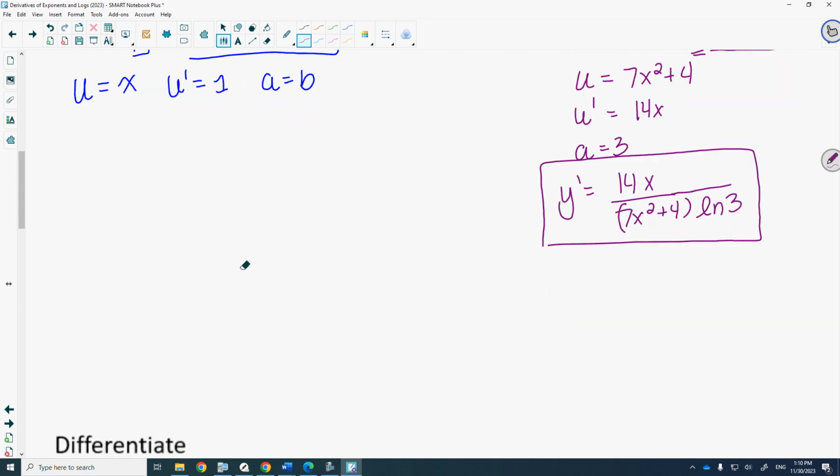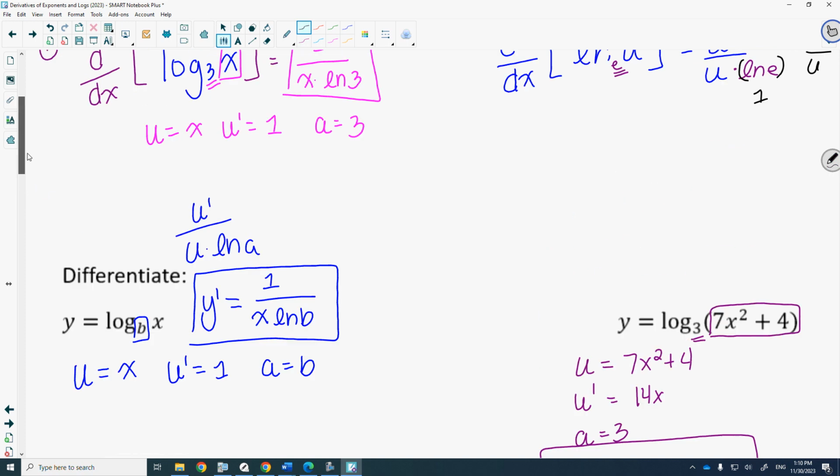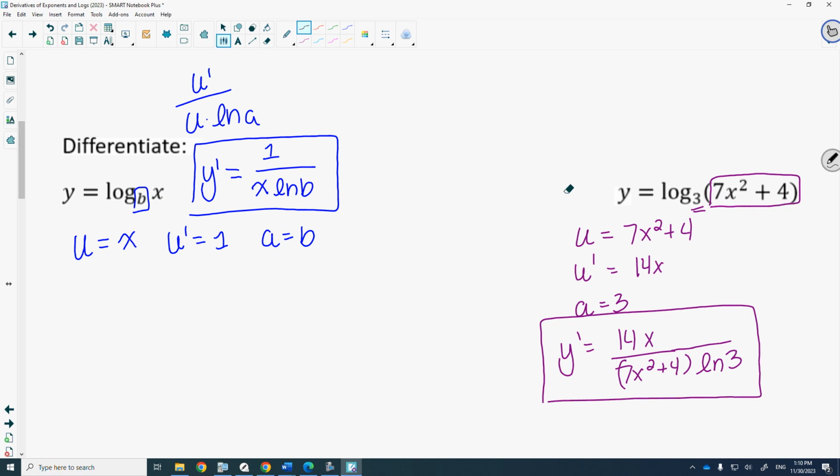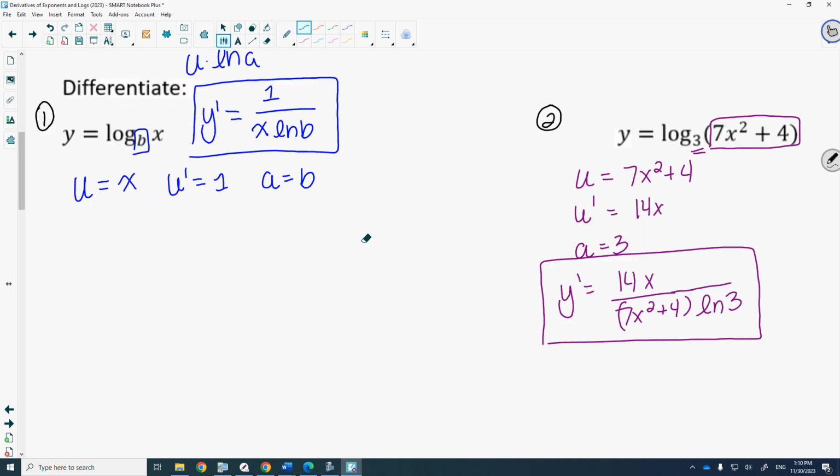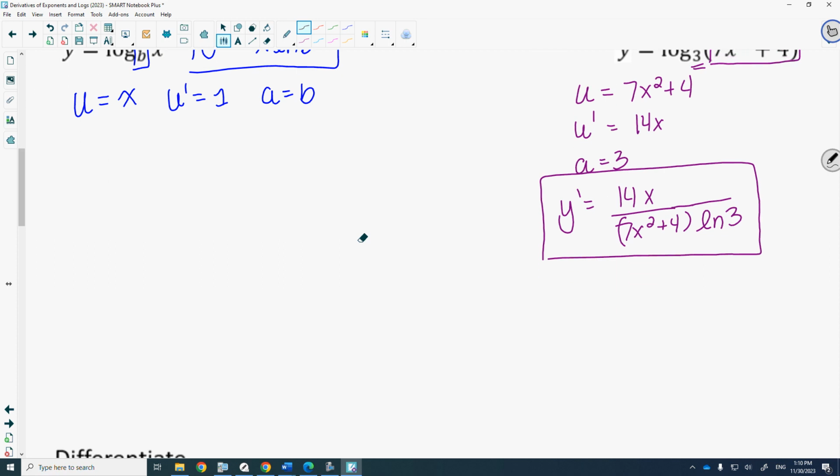So let's add, we'll just call this example 1, example 2. Okay, find the derivative of log base 4 of x squared.